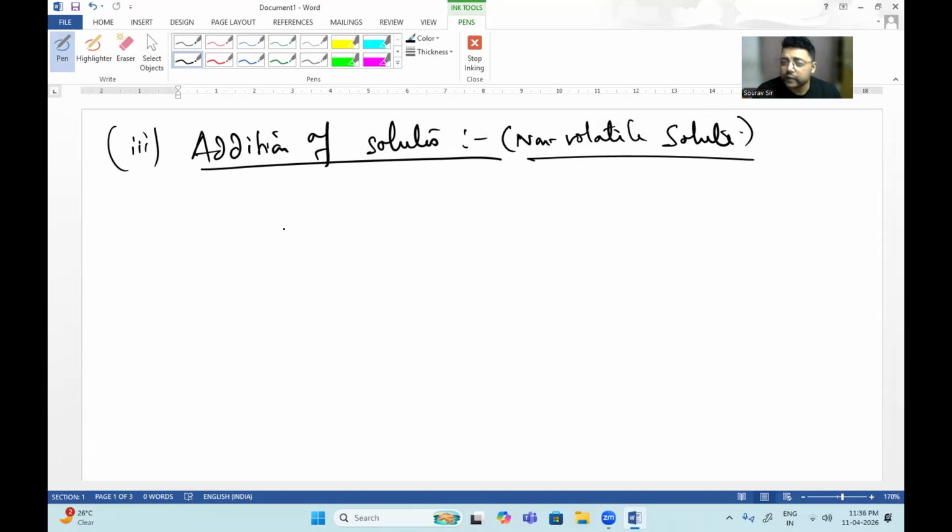Now, NaCl has an electrostatic force of attraction. Water has a hydration force, hydration energy. The hydration energy of water is sufficient to break the electrostatic bond between Na plus and Cl minus.